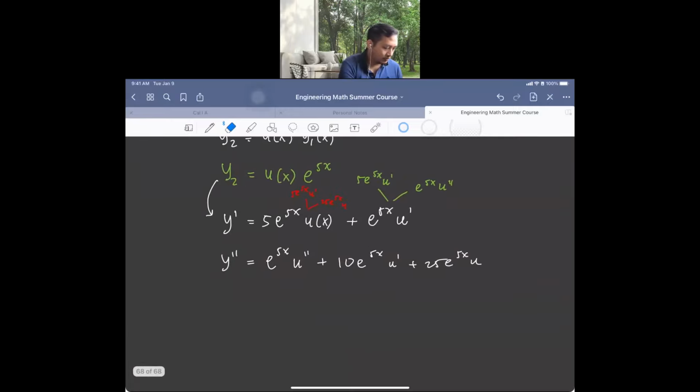Now we have the differential equation y double prime minus 25y equals 0, and we need to check whether this is correct.